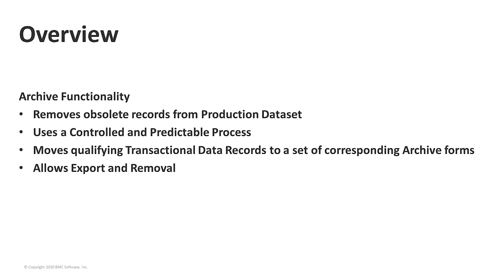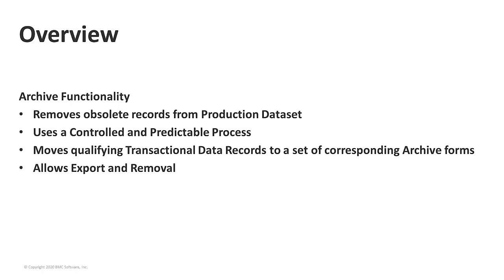Let's see the overview. So archiving, as we all know, is a process to remove unwanted data. So what does archiving do in Remedy? Archiving will remove obsolete records from production dataset. The archive process runs in controlled and predictable manner.